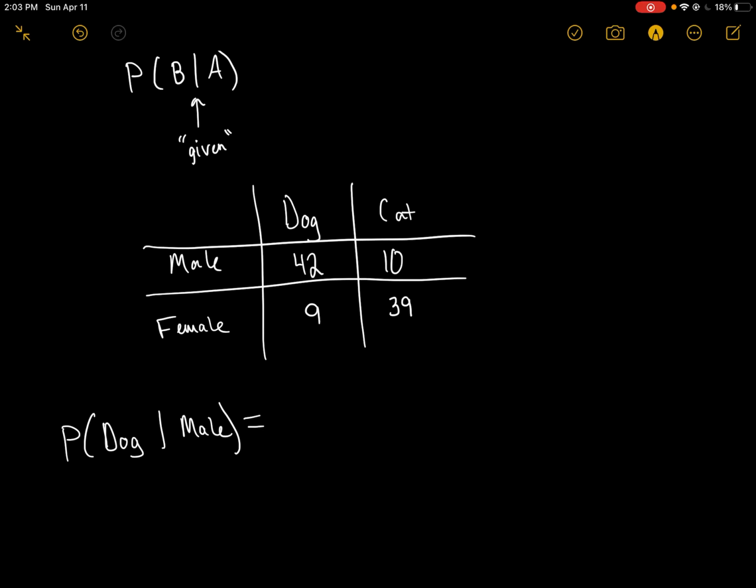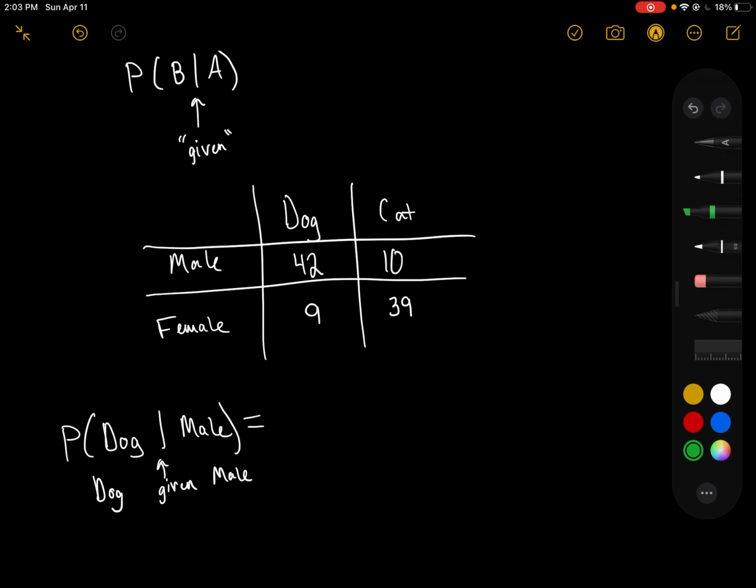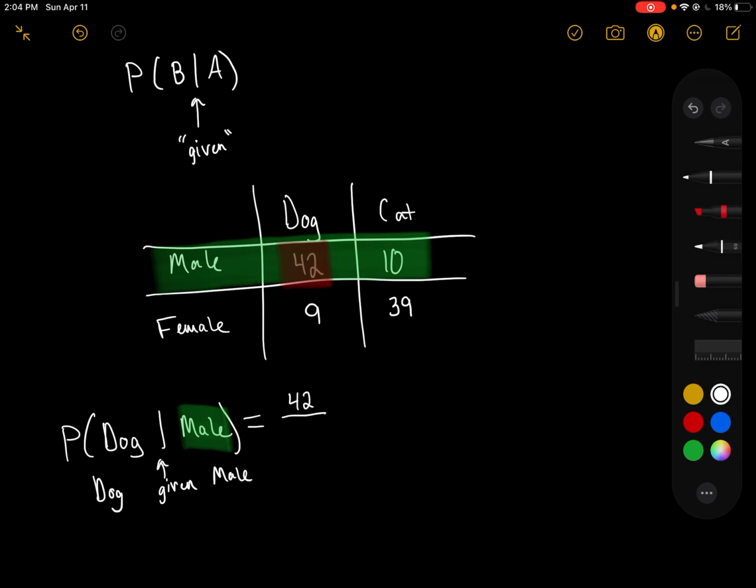An example question might be, what is the probability that you have a dog given you identify as male? Sometimes it helps to write these out. We actually just look at people that identify as male. So given that you identify as male, what is the probability that you have a dog?